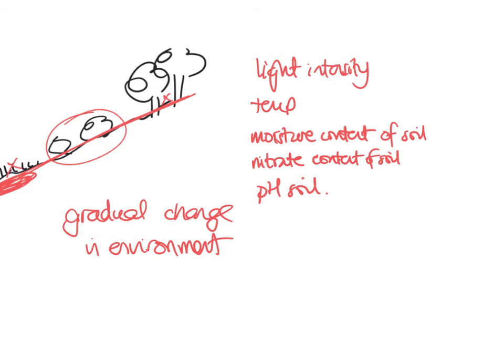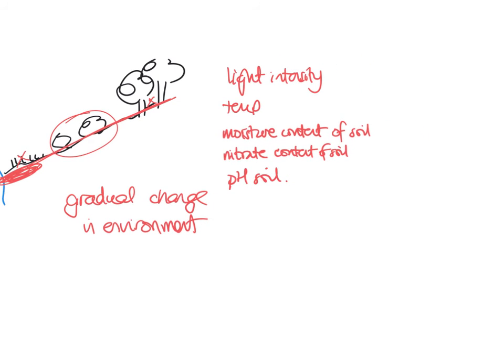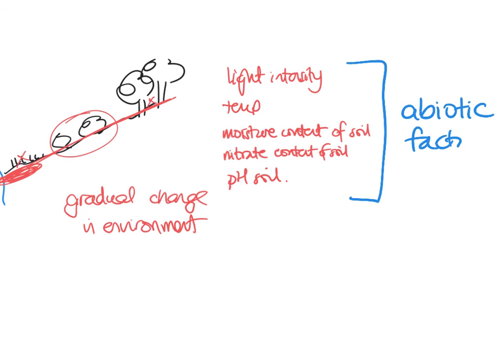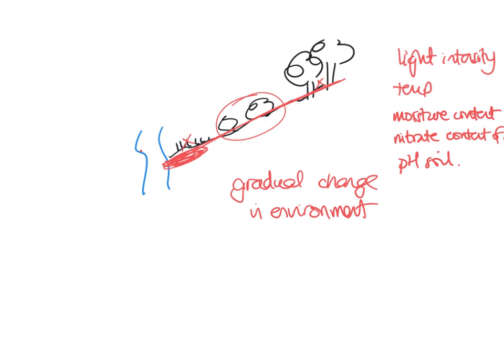Those factors, if you think back to early on when we looked at words like environment and habitat, are environmental factors that are non-living. What was the word that meant non-living factors, like temperature and oxygen content? Abiotic. So those abiotic factors will affect what plants grow there, what animals grow there.